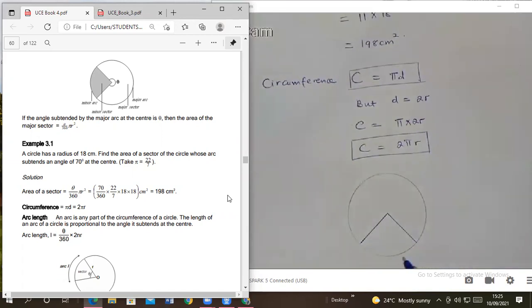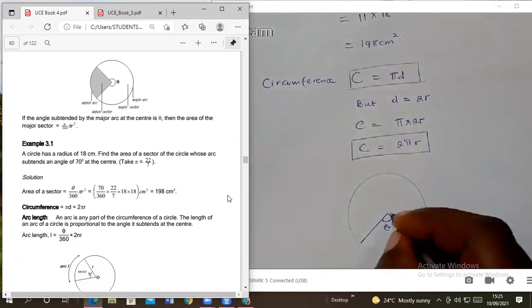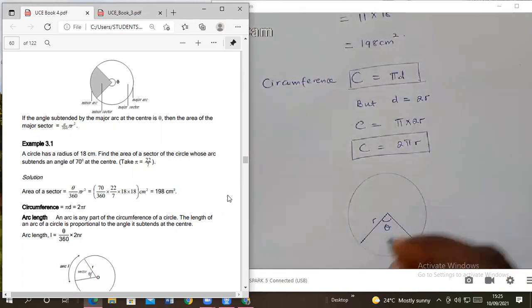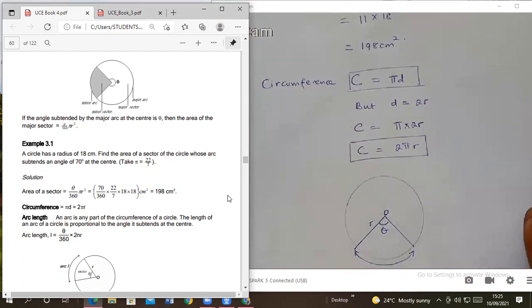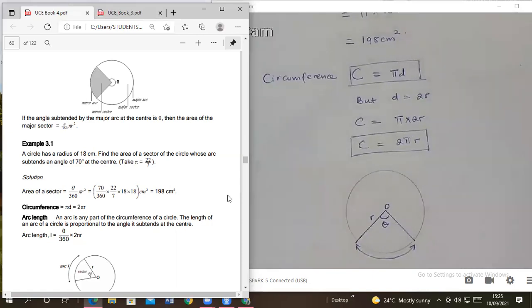Inside here, this is the angle theta, and this is r, the radius, this is point O. Now, this distance from here up to here is what we call the minor arc. The arc length is just part of the circumference altogether.